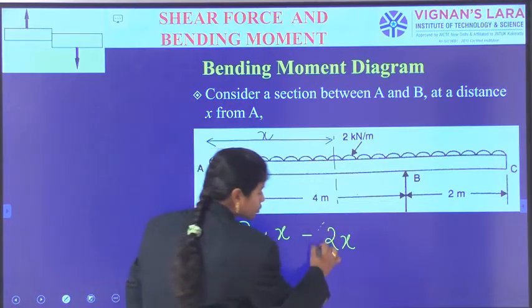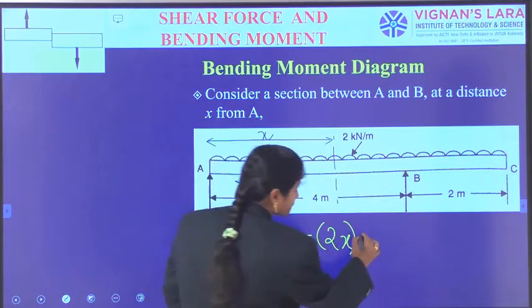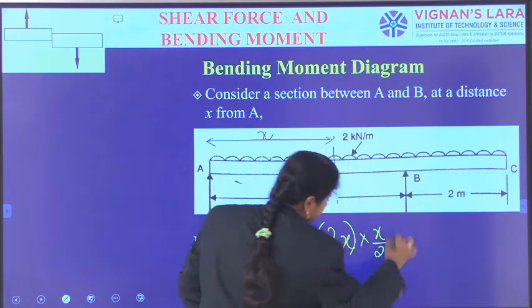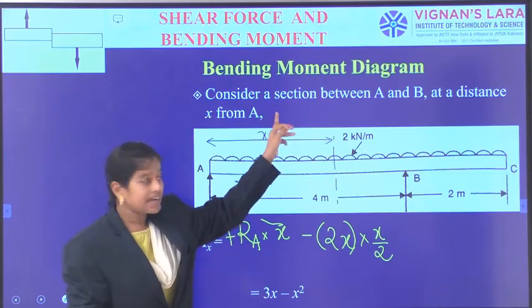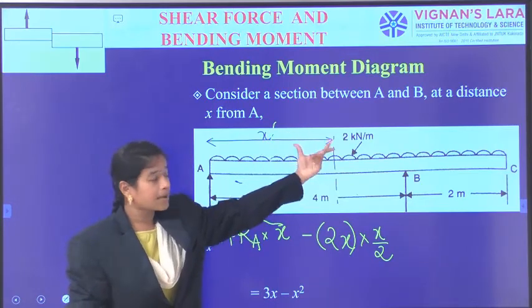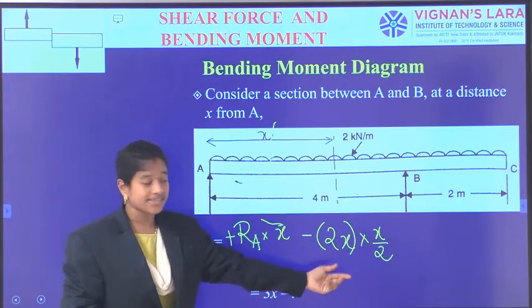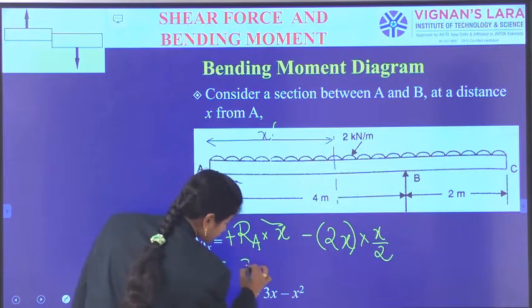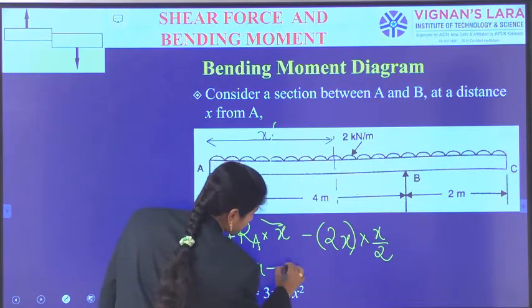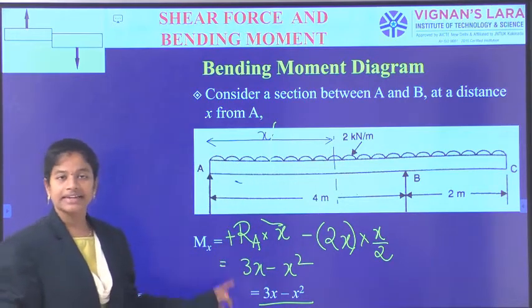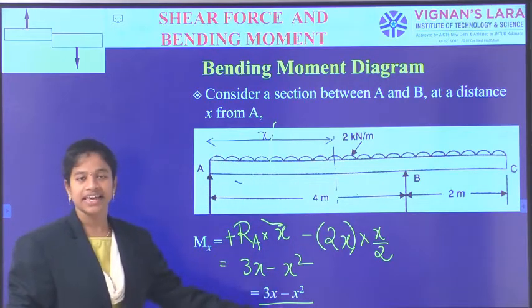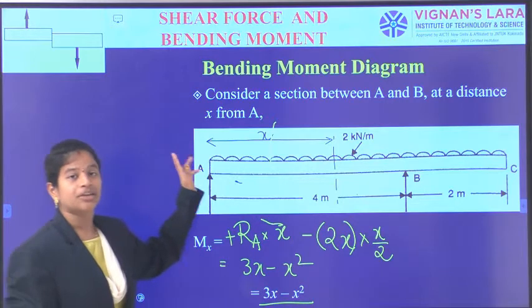So 2 into x is the load value, which is acting at a distance x by 2. The whole length of UDL is x and from the center, the perpendicular distance is x by 2. As we already know, this is 3x minus x square. So in this way we have calculated Mx as 3x minus x square for the span between A and B.